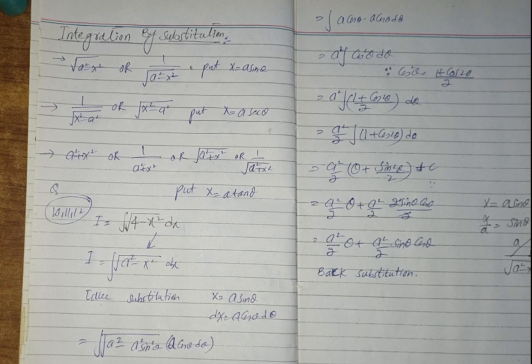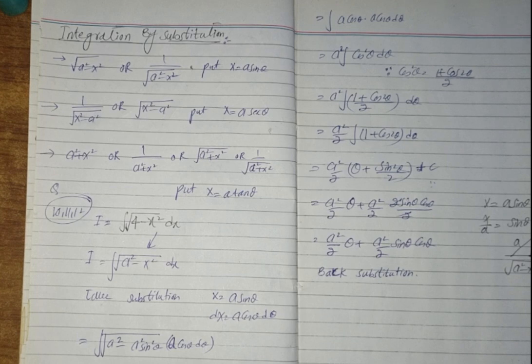In this technique, if we have a question of this pattern, like square root of a square minus x square, or 1 over square root of a square minus x square, we use the substitution x is equal to a sine theta.